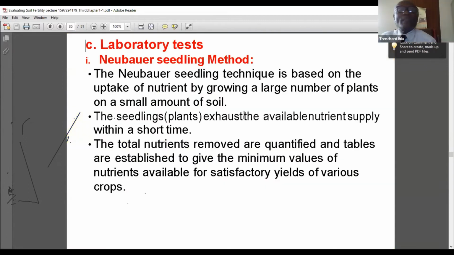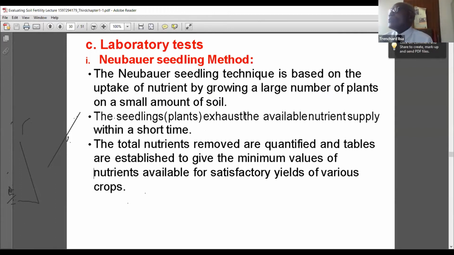Next slide. We also do laboratory tests as part of biological tests. This Neubauer seedling technique is based on the uptake of nutrient by growing a large number of plants on a small amount of soil. I have not done this before, but I spotted it in the text and I felt it should be mentioned here. The seedlings exhaust the available nutrient supply within a short time.